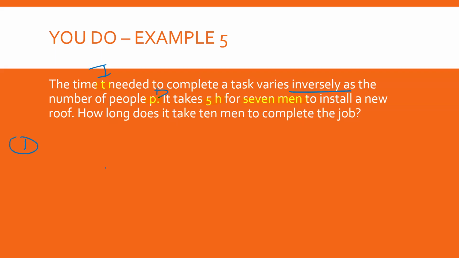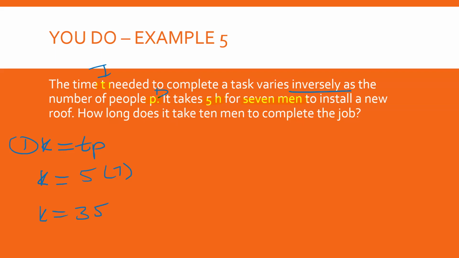So we're going to start with our K. So our K equals, in this case, our T times our P. Agree? So K equals 5 times 7 min. So our K should have been 35.